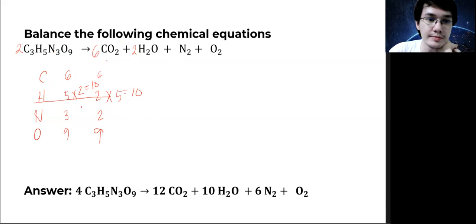Then atong nitrogen now kay 6 and atong oxygen kay 18.